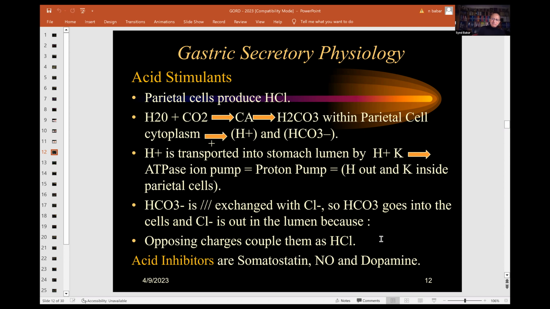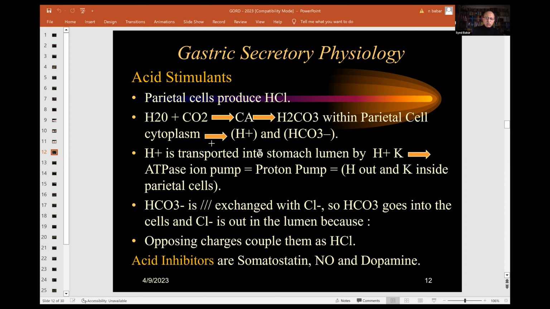There are many known triggers which stimulate the parietal cells to produce hydrochloric acid through this hydrogen, potassium, adenosine triphosphatase ion pump, or the proton pump. There are a few chemicals secreted in the intestine which slow the secretion of acid down.